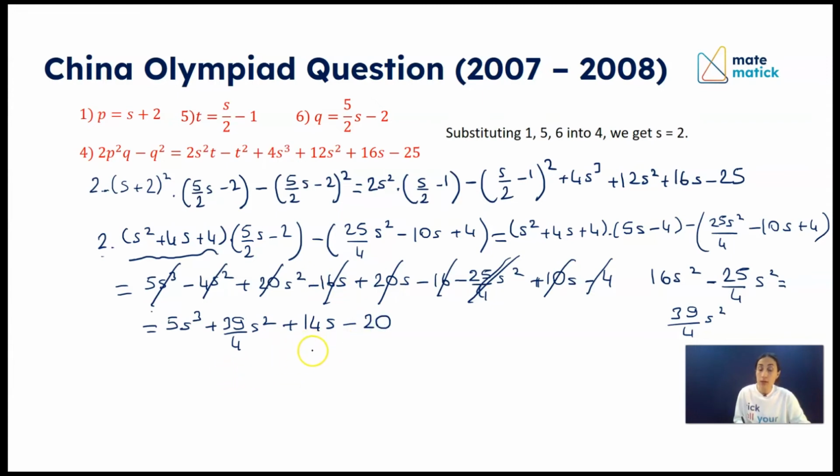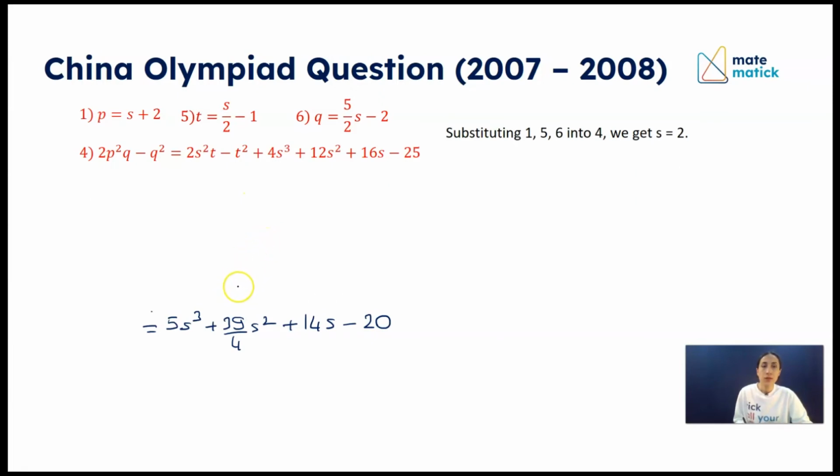Okay, now I just found one part of the equation. Now we are going to the other part. Now we found this part of the equation, so that is equal to this one. Now we are going to do this part.